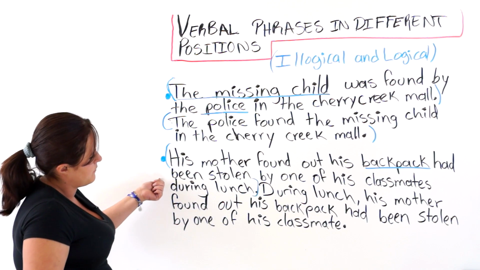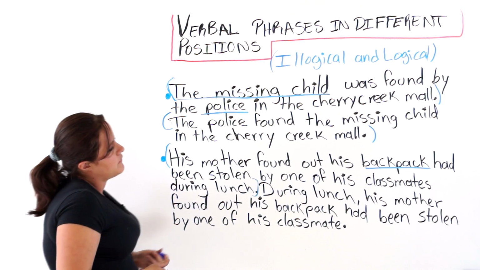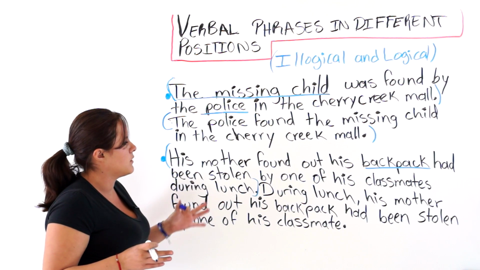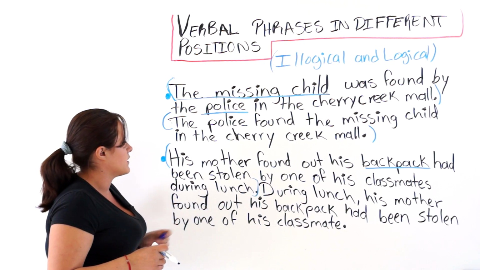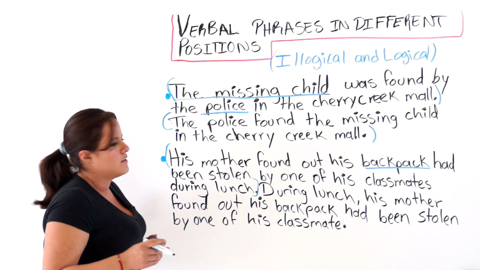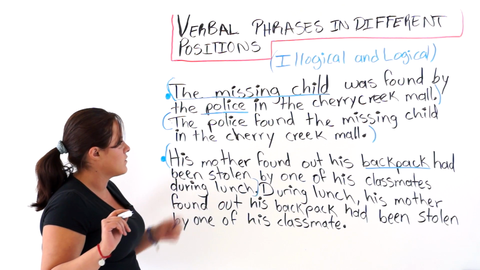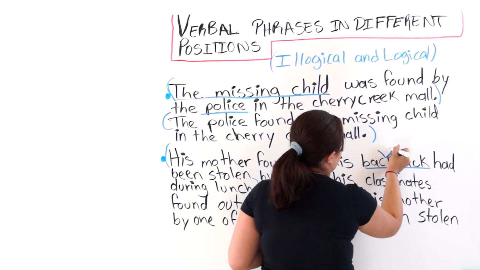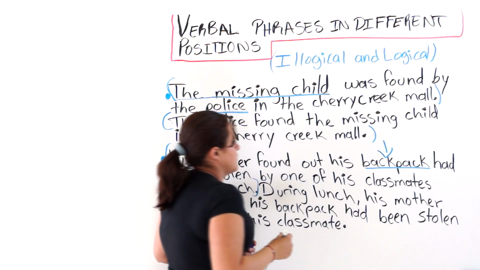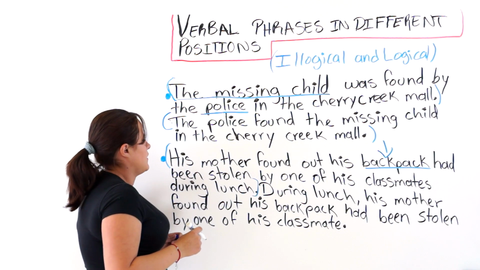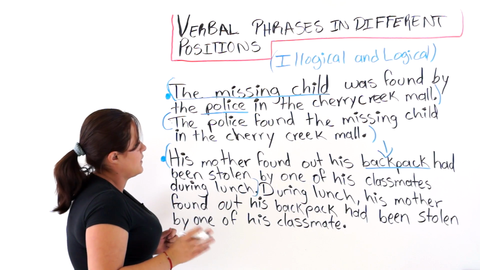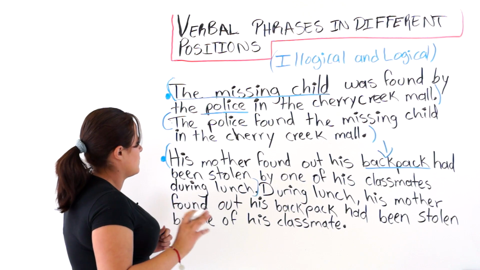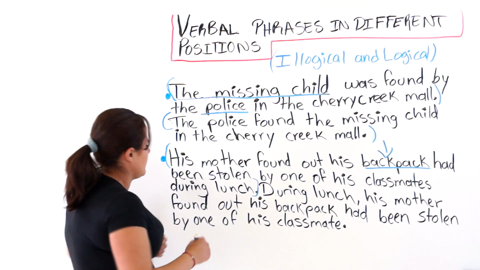The next one says, his mother found out his backpack had been stolen by one of his classmates during lunch. Alright, first we have to know which of these is the subject. Backpack. Okay, his mother found out his backpack had been stolen by one of his classmates during lunch.